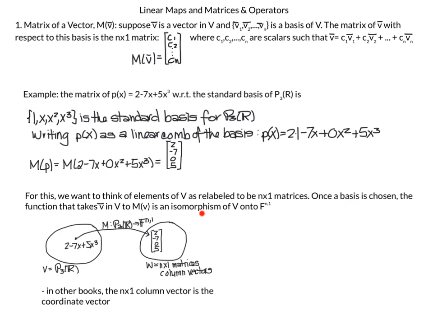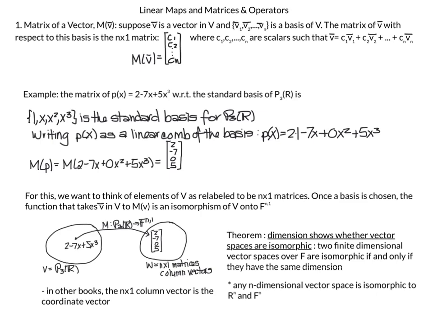In other words, it's saying that in some sense, the space of polynomials of degree 3 or less is the same as R4. Remember from our last video, we talked about the theorem that said two finite dimensional vector spaces over F are isomorphic if and only if they have the same dimension. One of the surprising and also very important consequences is that any n-dimensional vector space is isomorphic to Rn and Fn.